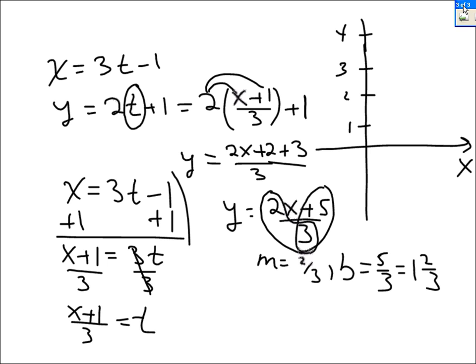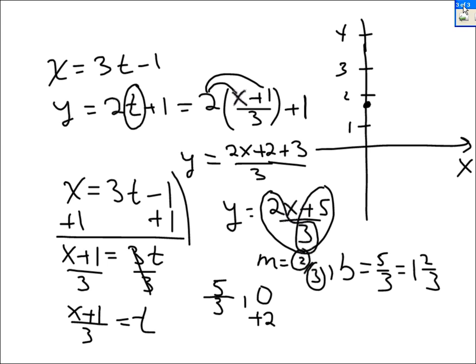So it crosses the y-axis right there. So that's 1 point. But the change in y is positive 2, so you add 2 to the y. That means you go up 2.